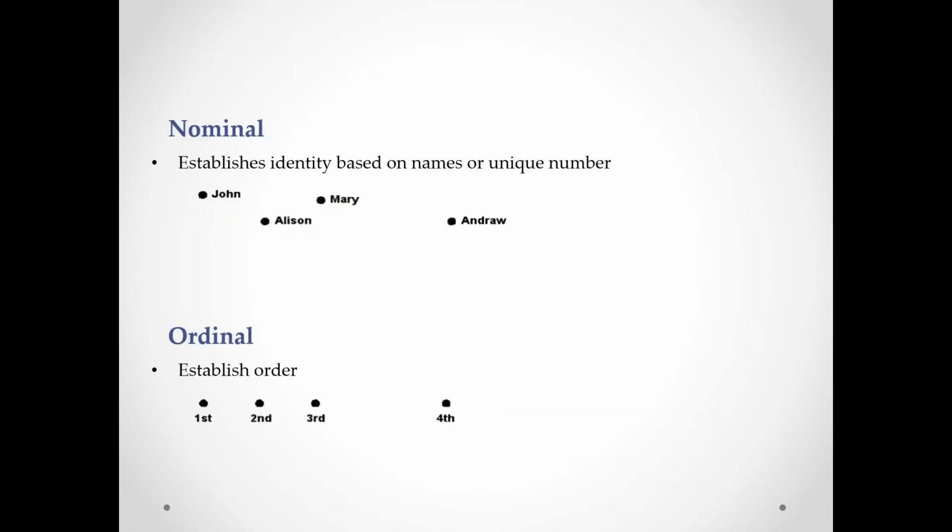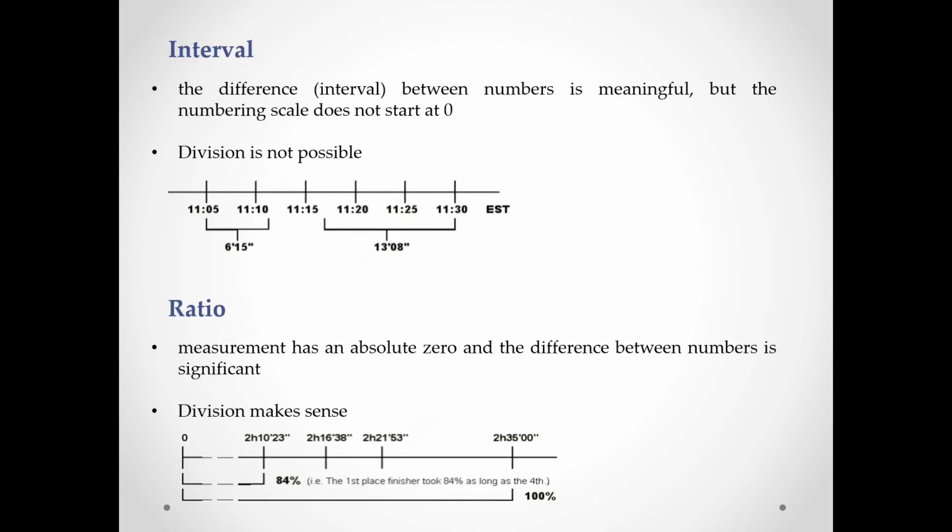Nominal establishes identity based on names or unique numbers: John, Ellison, Mary, Andrew. Names are used to describe the data. In ordinal, order is established: first, second, third, fourth, like this.